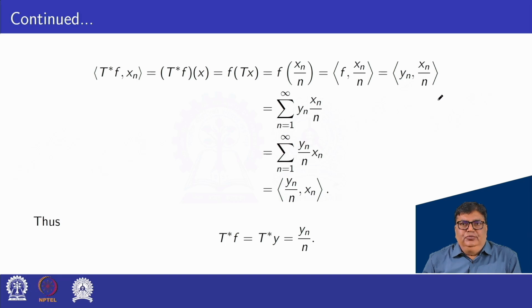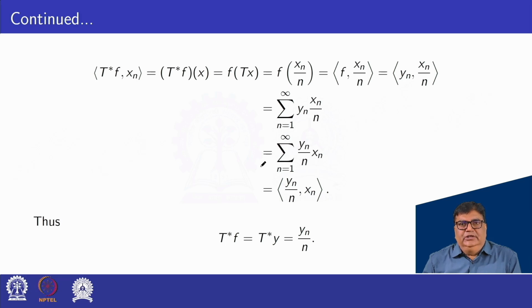So as per the usual definition of inner product, we can write summation n equal to 1 to infinity of yn into xn/n. Okay, so this is scalar, this is also scalar, so we can write summation n equal to 1 to infinity of (yn/n) into xn.